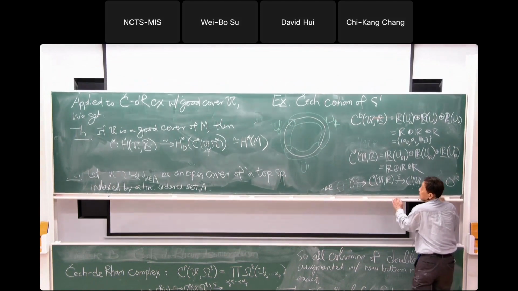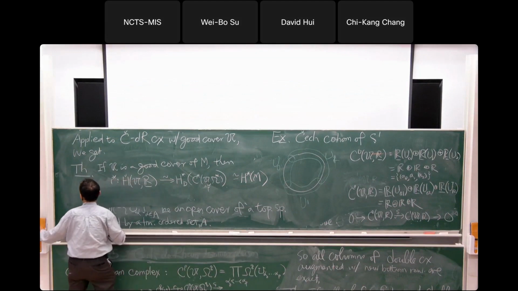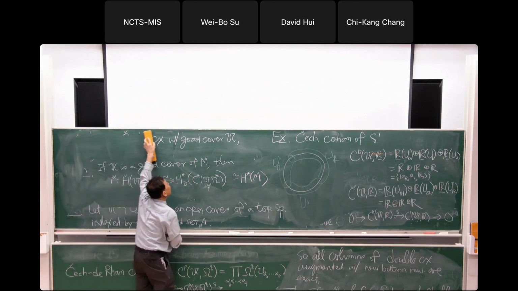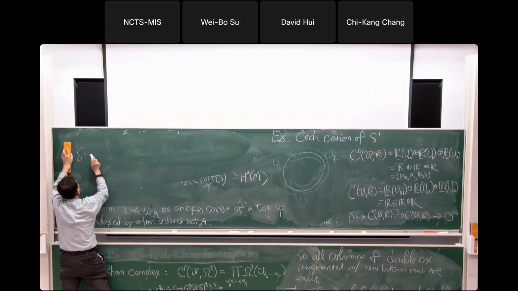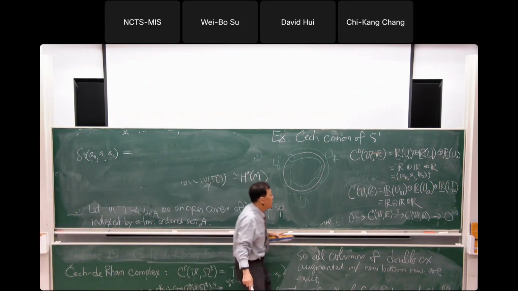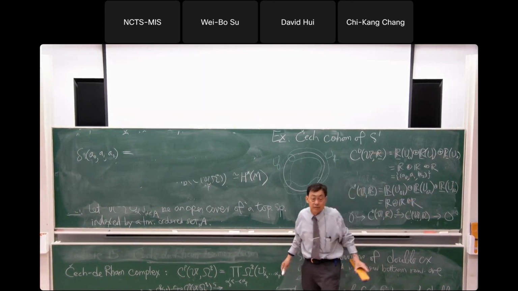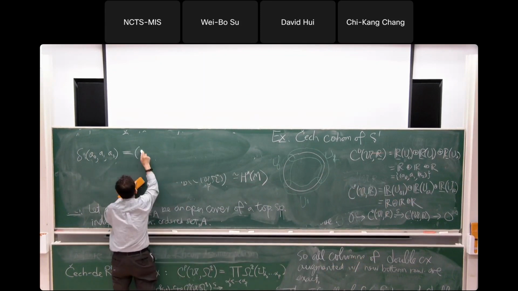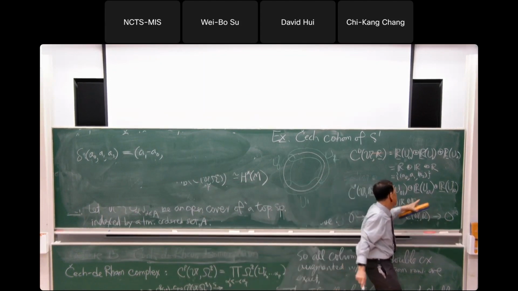And let's use the same board. So delta is going to take A0, A1, A2 to three numbers. On this component, it's the difference A1 minus A0. And then the next one would be A2 minus A0.